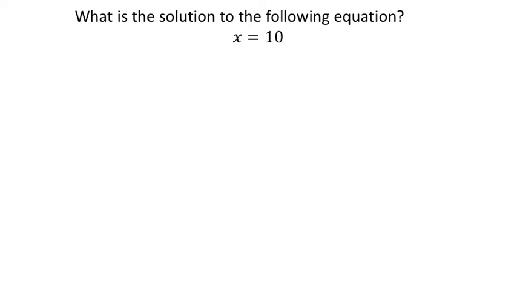Now we're going to go over rules on how to solve equations, which is part of our objective. But first, we can look at something like this, and we can say, well, what number would I replace x with here to make this a true statement? And I know if I replace x with 10, then I would get a true statement, because then it would show 10 equals 10, which, last time I checked, is true.